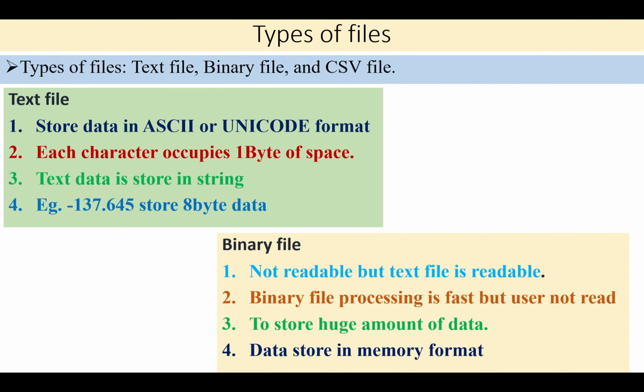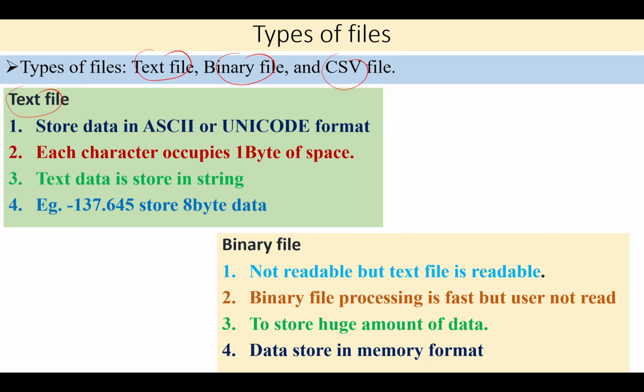And now we go for the types of files. Mostly in Python we handle text files, binary files, and CSV files. So I will give some overview of all these file types. For the text file, the format is .txt, and the data is stored in ASCII or Unicode format.